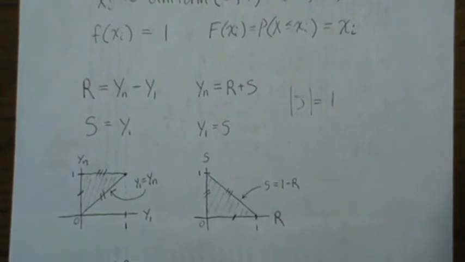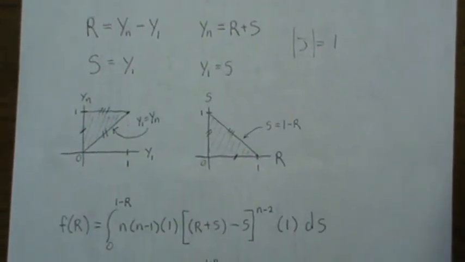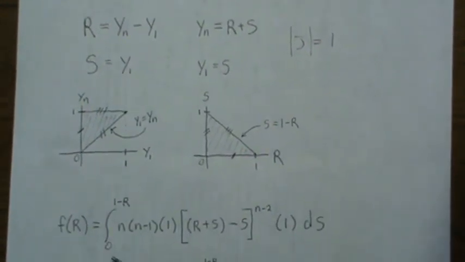So now when we integrate out S, we go from this boundary to 0. Well, this is S equal to 1 minus R. So when we integrate using that formula on the previous page, we're going to go from 0 to 1 minus R. And we plug in S to our distribution.